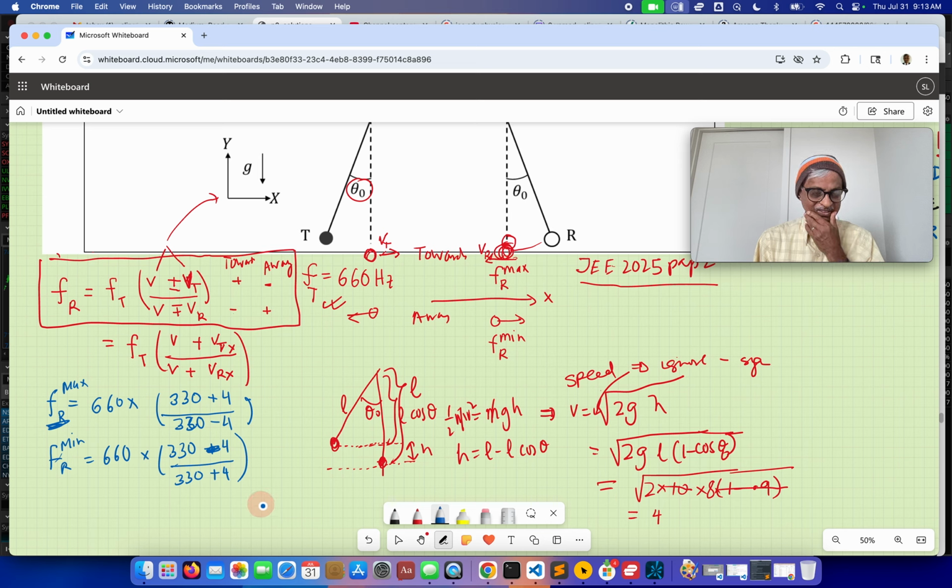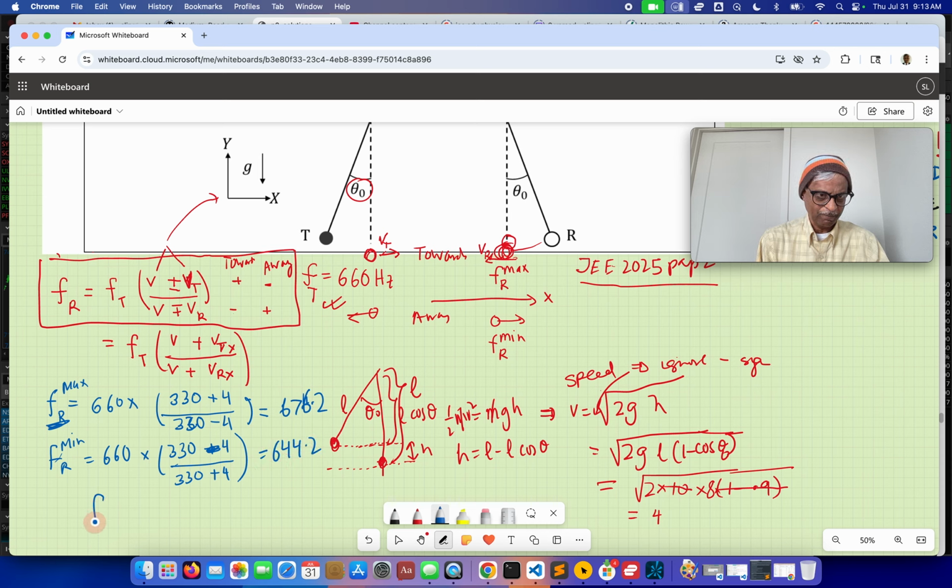And you can work out the numbers. I have worked out the numbers earlier, and I think these are my numbers: 76.2 and 644.2.